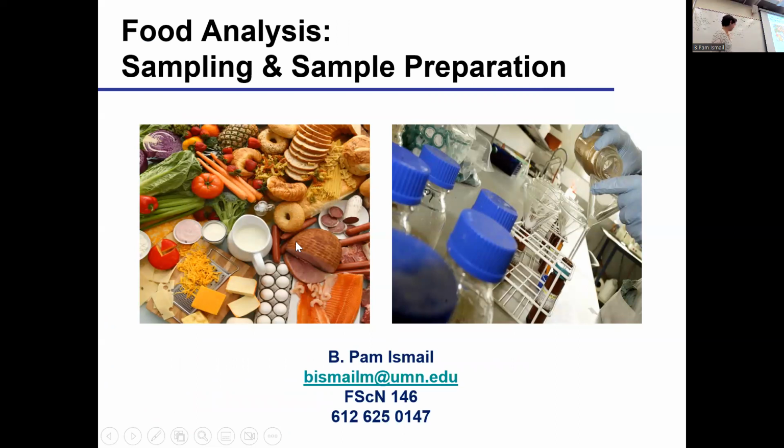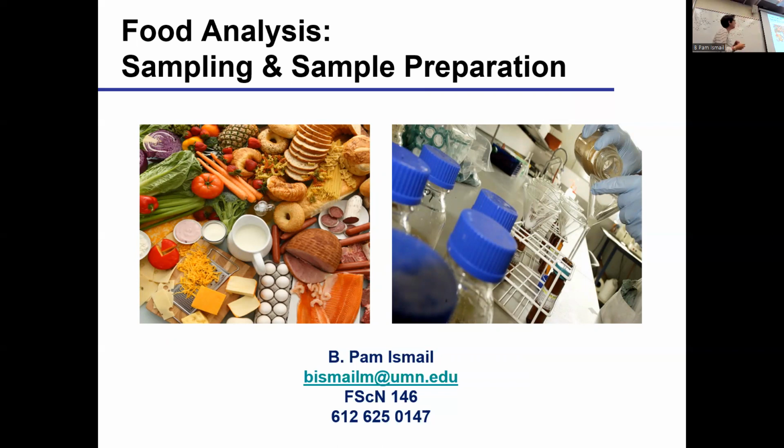Sampling and sample preparation. So this is another very important introductory topic to analysis. When you go out to industry, whether you work in quality control or analytical lab, or just research and development in general, sometimes you really have to do some analysis before you get into your next step, whether it's production or R&D or just simple quality control.